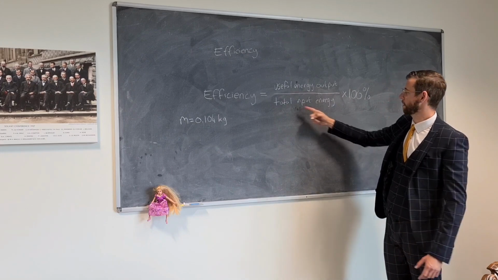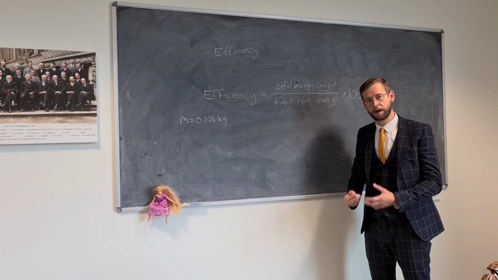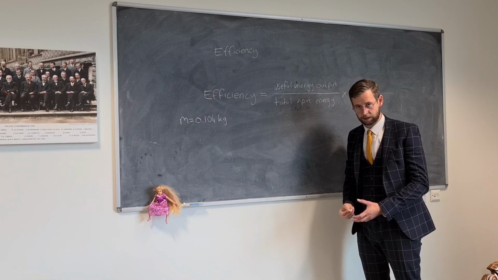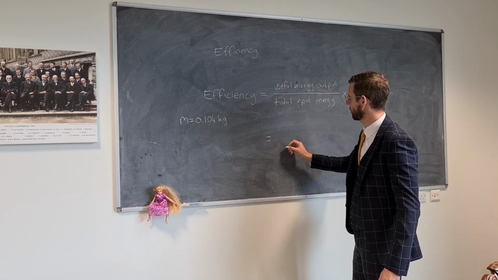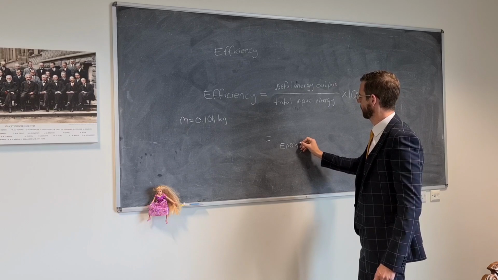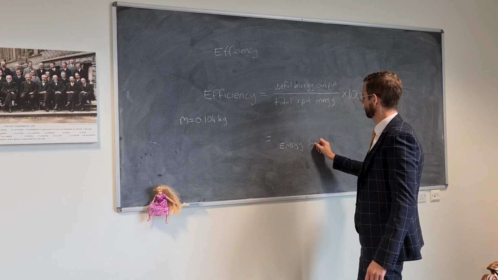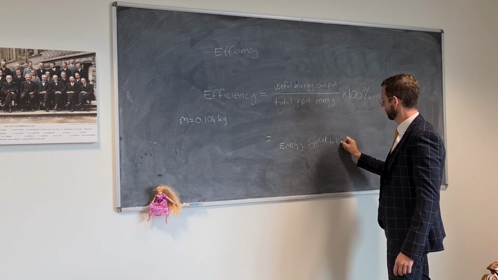Now, when we look at this equation, we need to understand what is going in and what is coming out. The total input energy is going to be the energy supplied to the motor, I should say. So the efficiency is going to be the energy supplied to the motor.